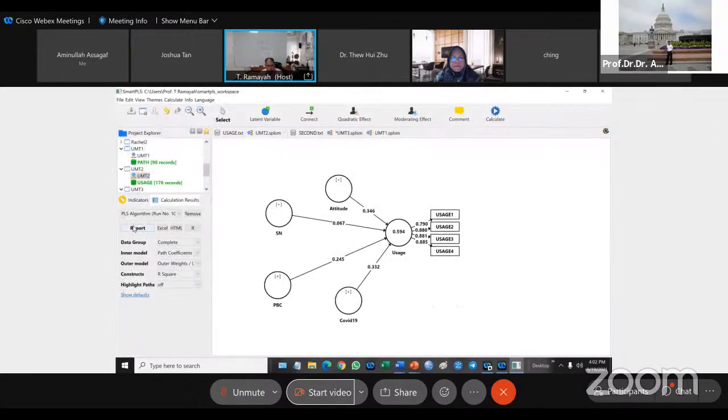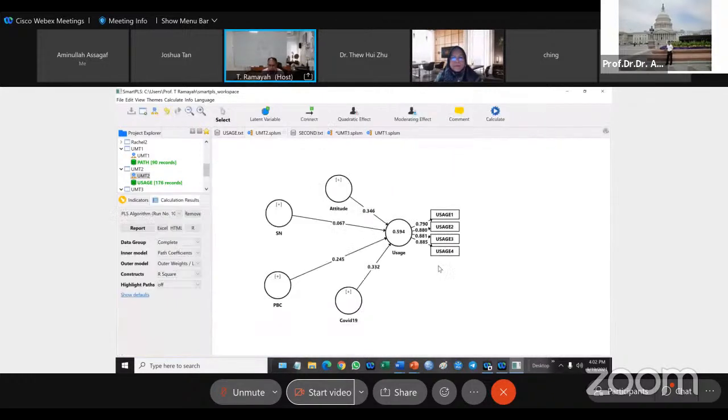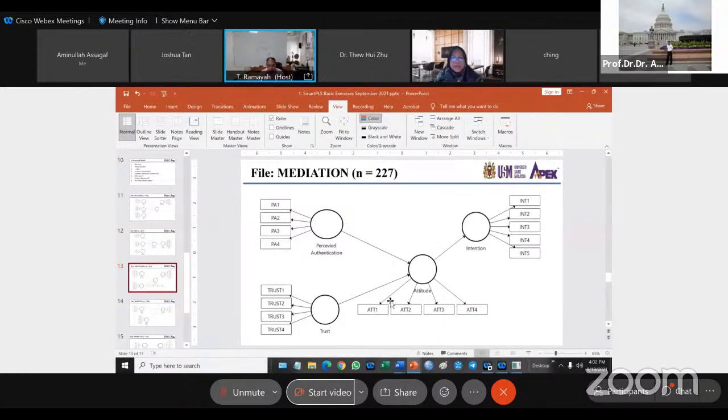Although the software will show indirect effects, you will see it is empty because you don't have independent, mediator and dependent. In this model that we want to test, we have two independent variables, one mediator variable and one dependent variable, so we will have two mediations to test.